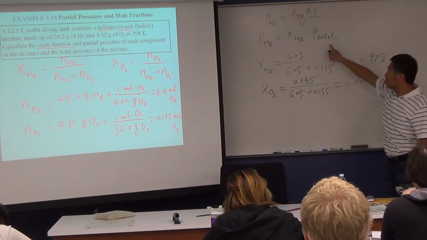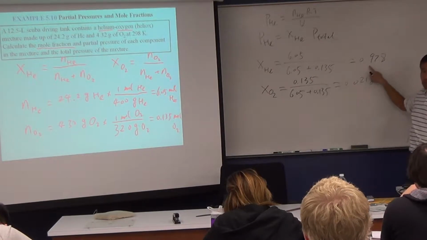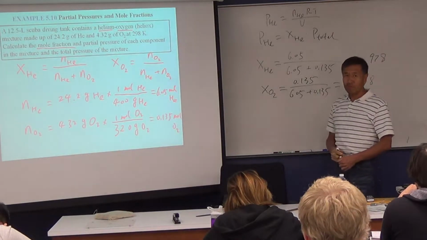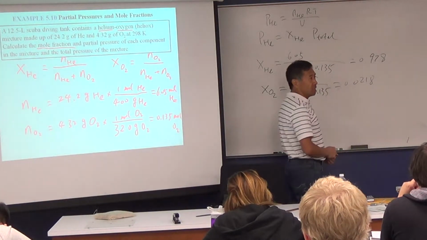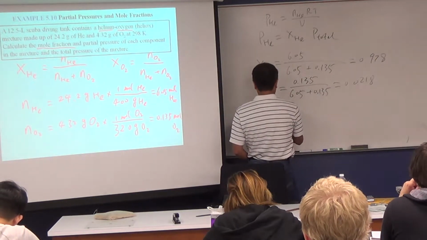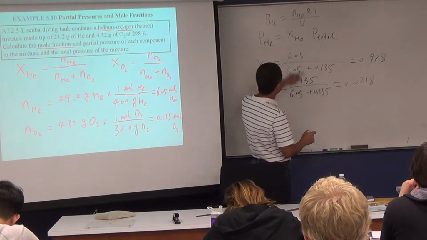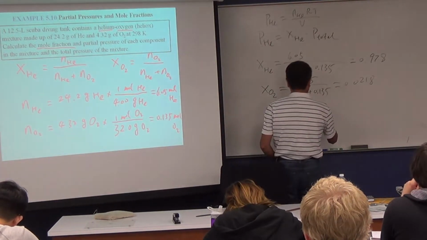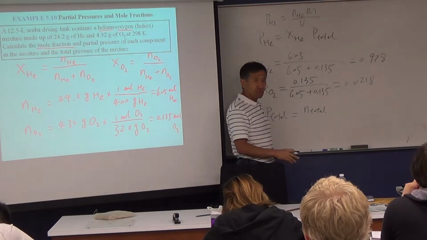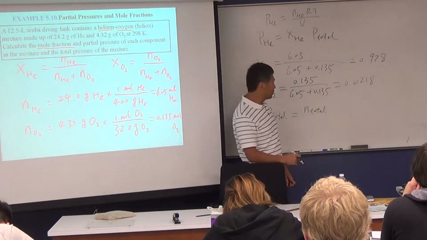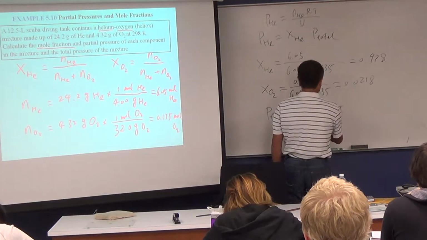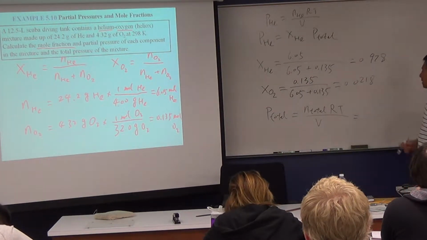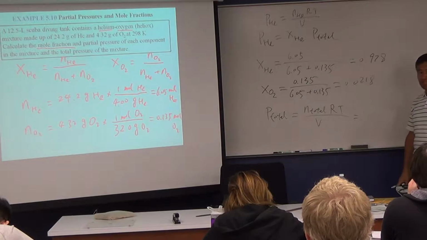To use this one, you already have this number here, 0.978. You also need the P total. As I said, all those gases behave as one gas. The P total is very similar to that equation: it equals N total, which means all of the gas together, moles of helium and moles of O2, just call them moles, times RT divided by V. So you need the N total.